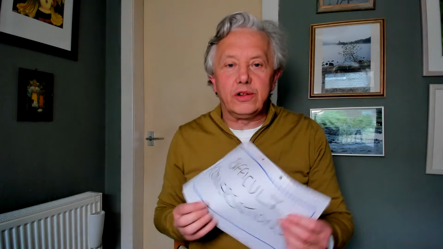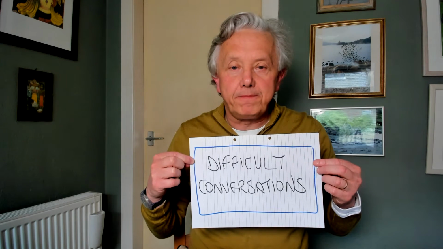Now this week I've had one or two difficult conversations to have, and I've been thinking about ways of dealing with these difficult conversations, and I kept coming back to Douglas Stone from the Harvard Negotiation Project, who came up with his idea of what he calls difficult conversations, conversations that we want to have, maybe even need to have, and just find a little bit challenging in terms of getting our facts straight and in terms of getting our emotions straight too.